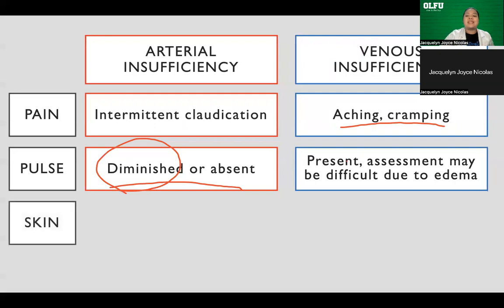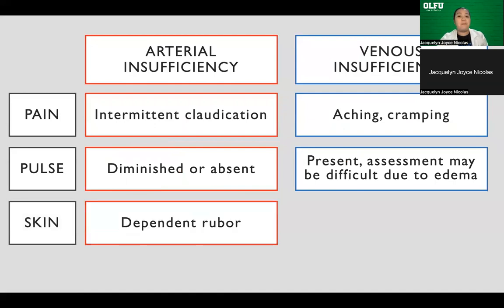Okay? Skin. Clients with arterial insufficiency usually manifest dependent rubor. What do we mean by dependent rubor? Ibig sabihin, there is redness of whatever extremity is dependent, or it's below the heart. Okay?